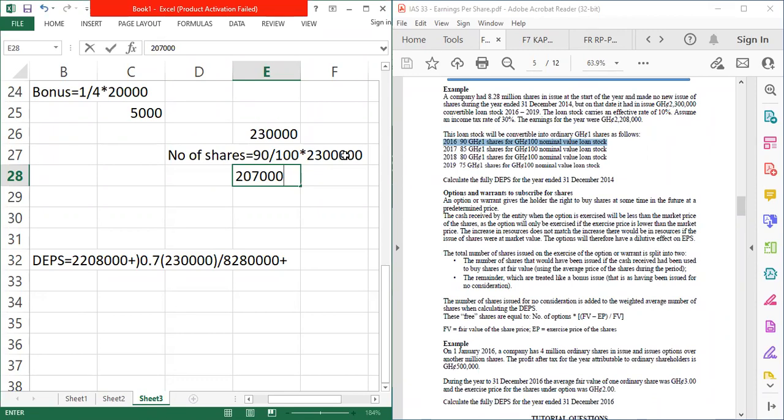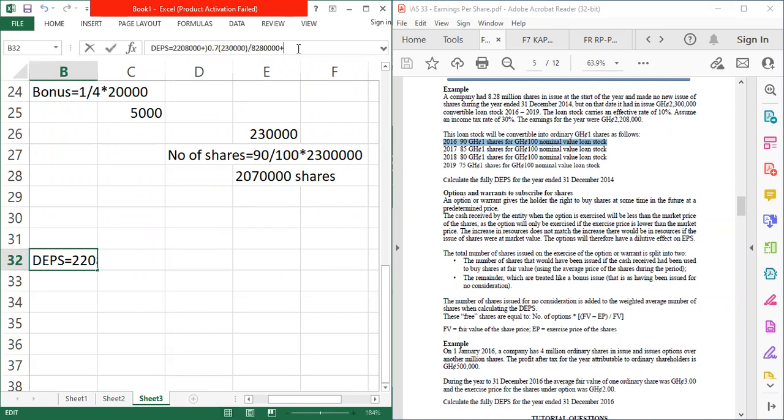Okay, 2,070,000. So these are the shares that will be given to them, isn't it? If you give these shares to them, it means that our number of shares will also increase. So we come and add the 2,070,000.